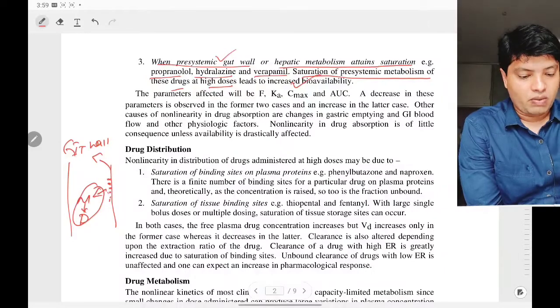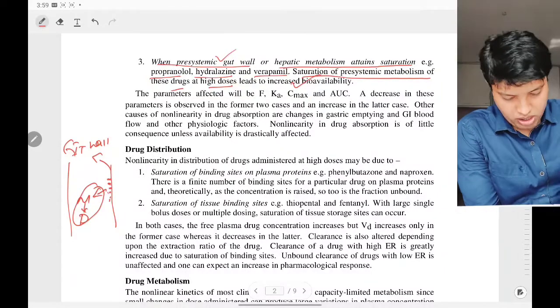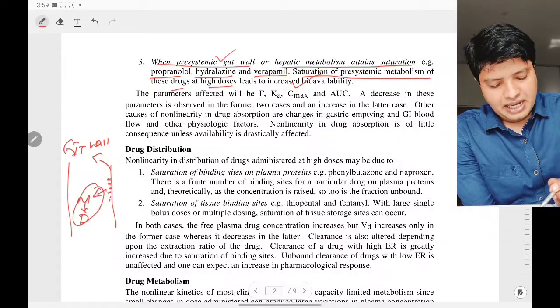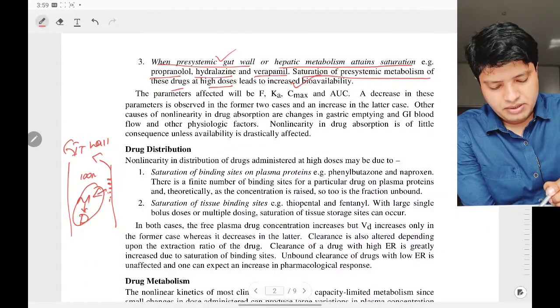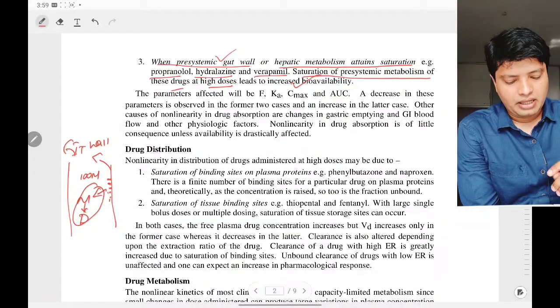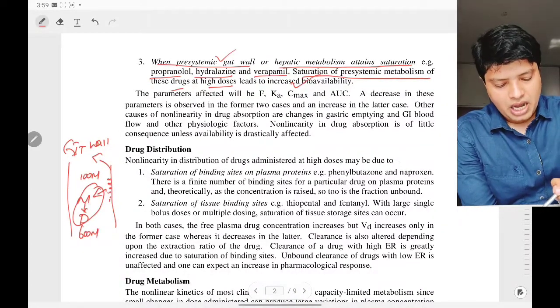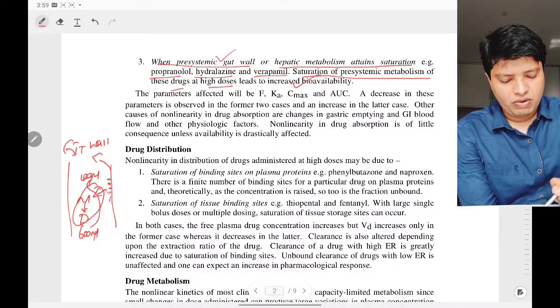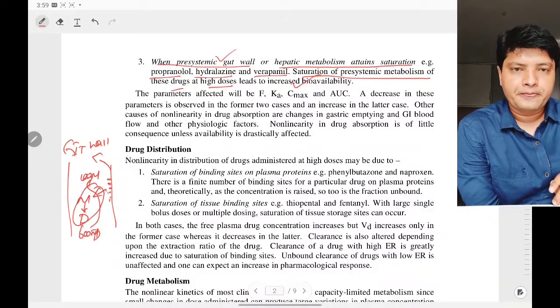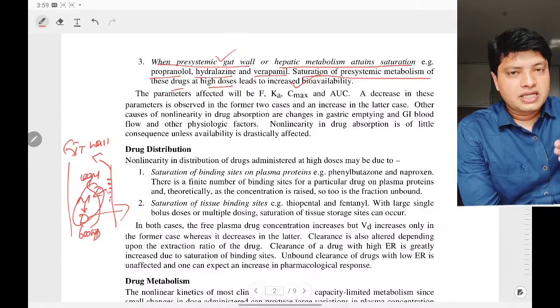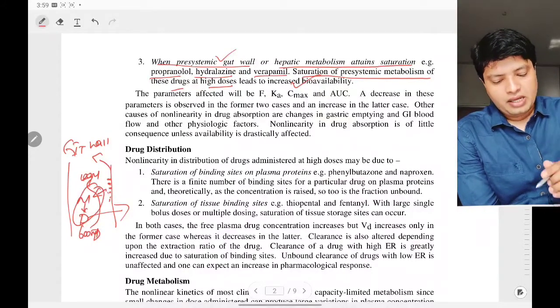Bioavailability should be constant. Now what happened here? Bioavailability is increased because, let's say the enzyme saturation is 100 molecules. So 100 enzymes are there. I have given 600 molecules of drug. Now 100 molecules of drug will go and saturate the enzyme, and the remaining 500 molecules will be absorbed. Generally what should happen?